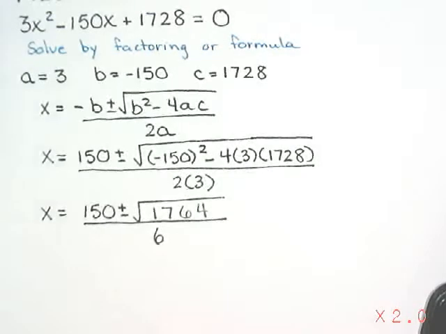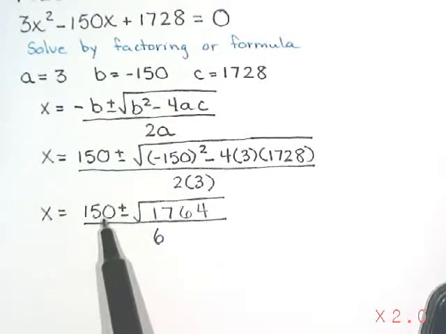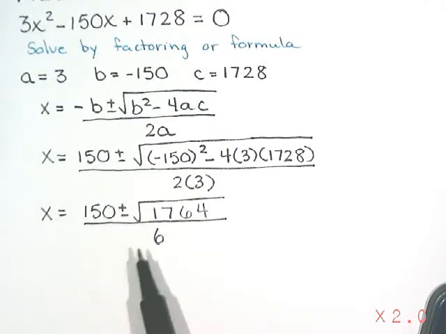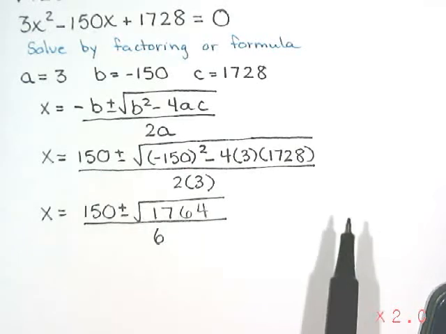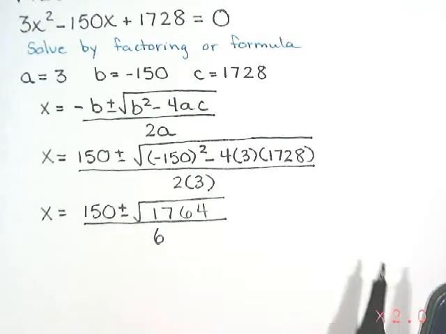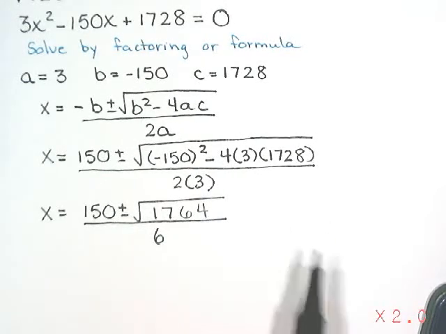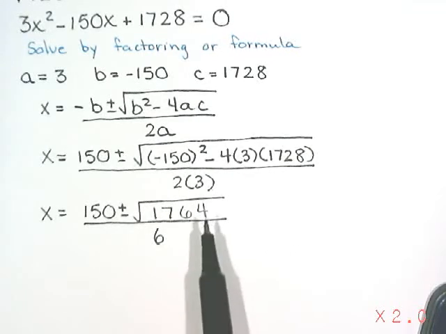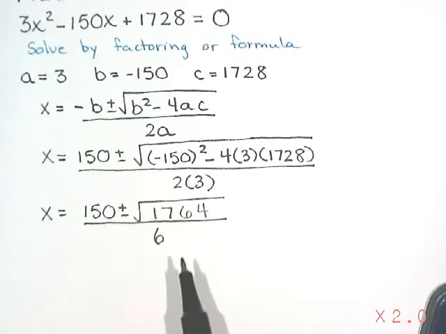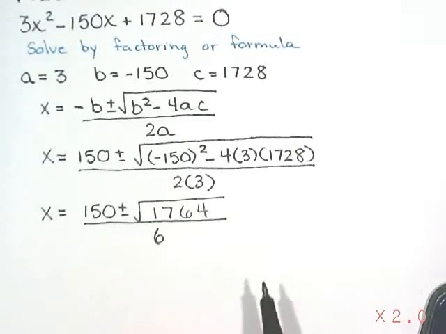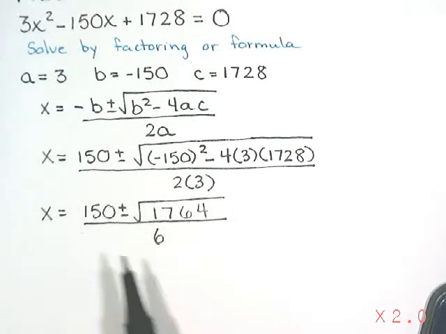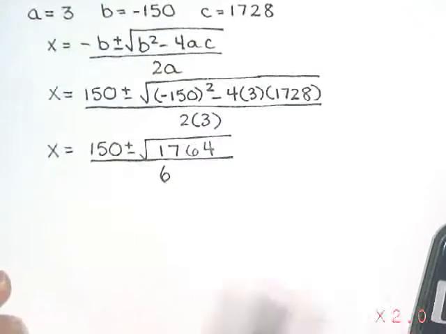So now we're going to calculate what our two answers are. Sometimes we do exact values, and that's a really good thing to do when you just have a quadratic question that says solve. But when we're doing a word problem, it really does make more sense to have a decimal if it comes out to be a decimal. So we're going to do 150, and we're going to split it up into the plus and the minus.